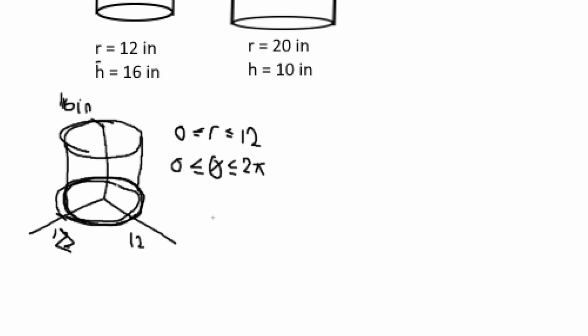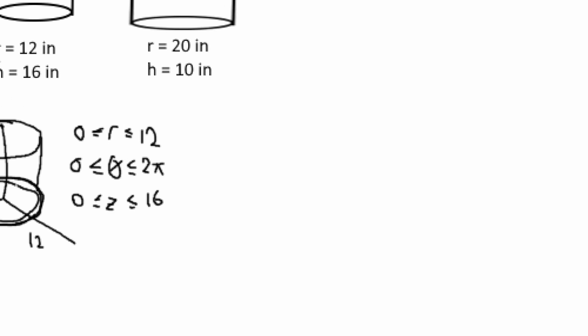We're doing it in radians. And Z will be from the bottom of the bucket, at Z equals 0, to the top of the bucket, at Z equals 16. So these are our bounds, and now we can set up an integral using these bounds.